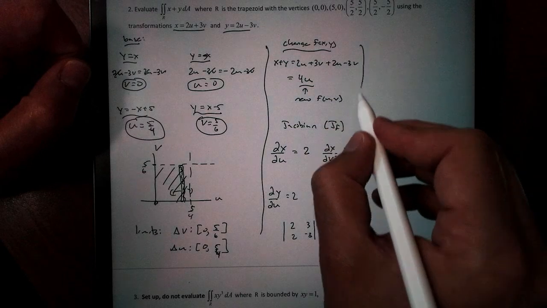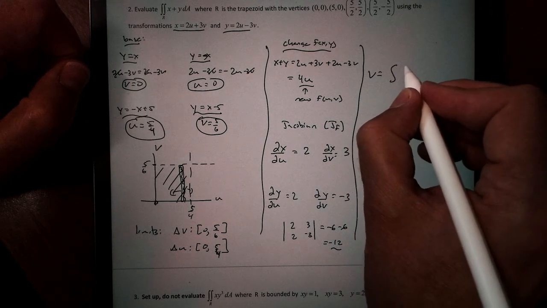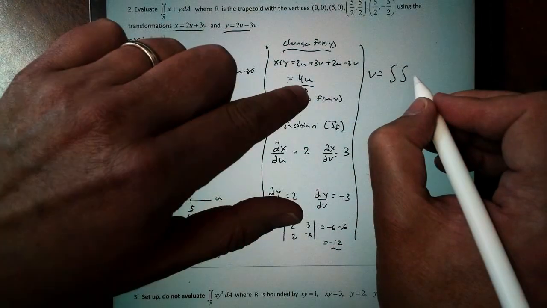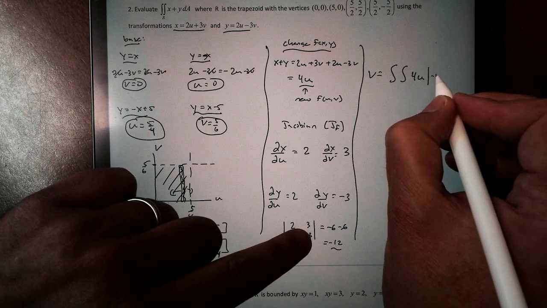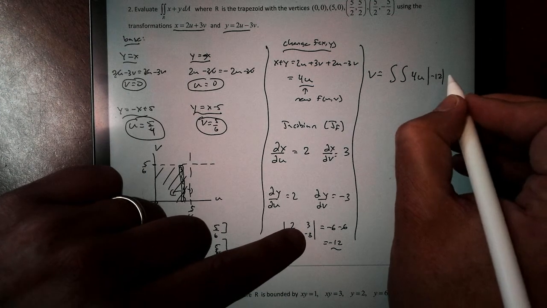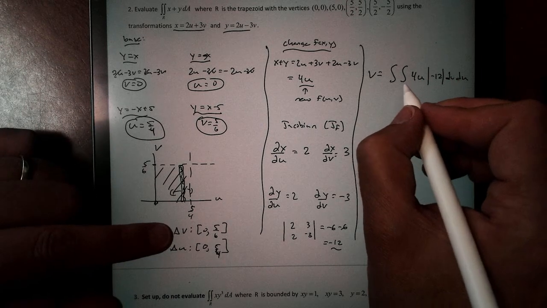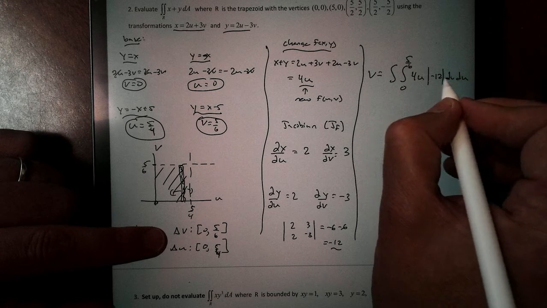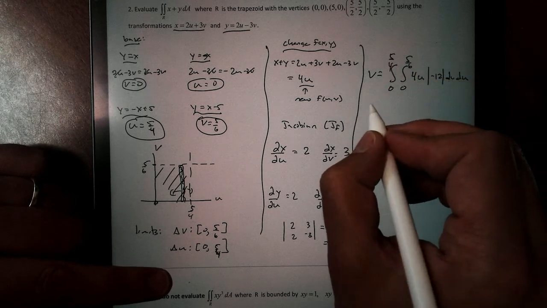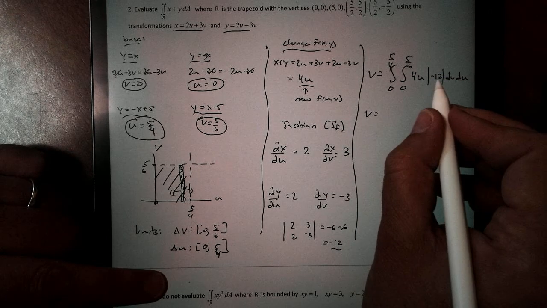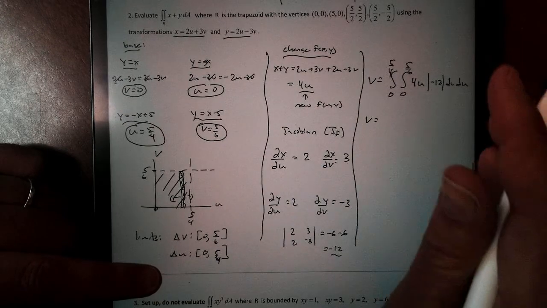So when I want to find my volume now, my new equation is the double integral of my function 4u times my Jacobian, the absolute value of negative 12, dv du. Well, v goes from 0 to 5 over 6, and u goes from 0 to 5 over 4. I can simplify this a little bit. That becomes 12 times 4, which is a constant, so that's just 48.